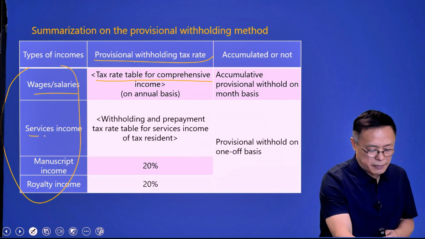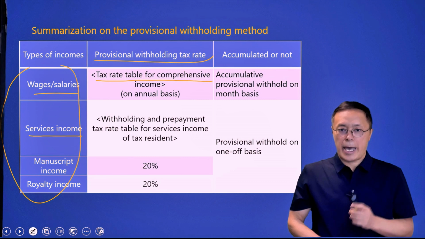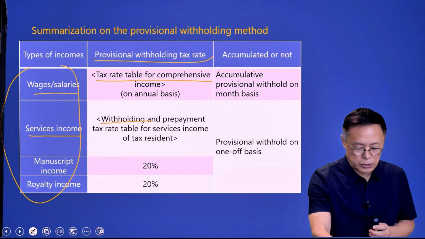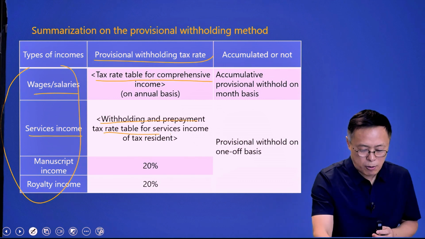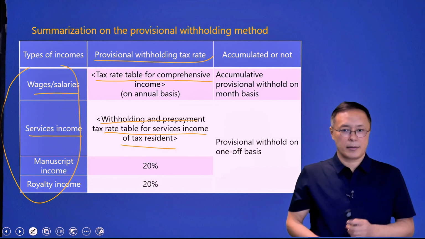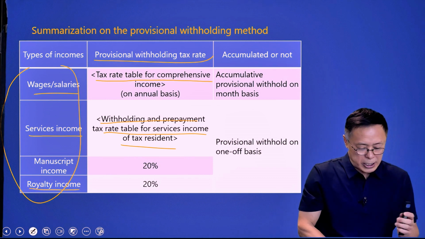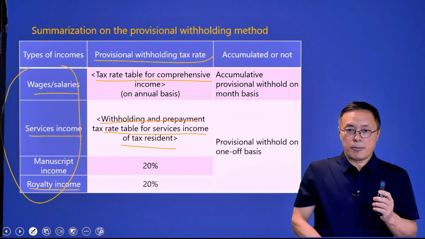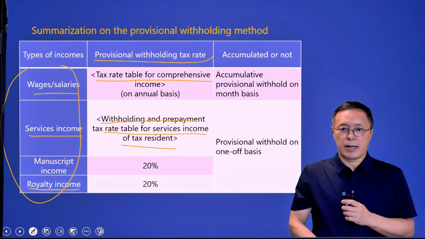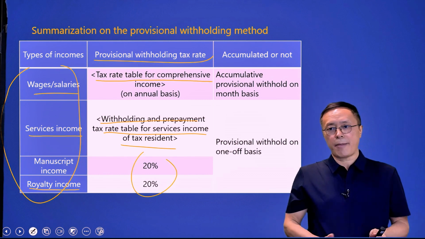And for services income, its provisional withholding tax rate is shown on the withholding and prepayment tax rate table for services income of tax resident. Both manuscript income and royalty income, their provisional withholding tax rates are 20%.